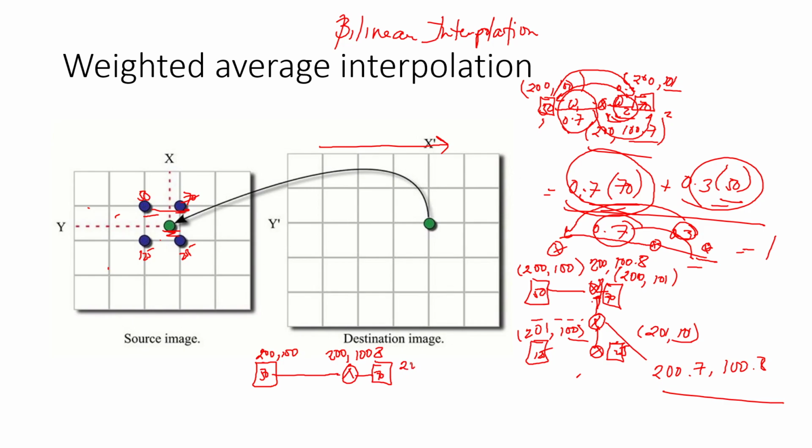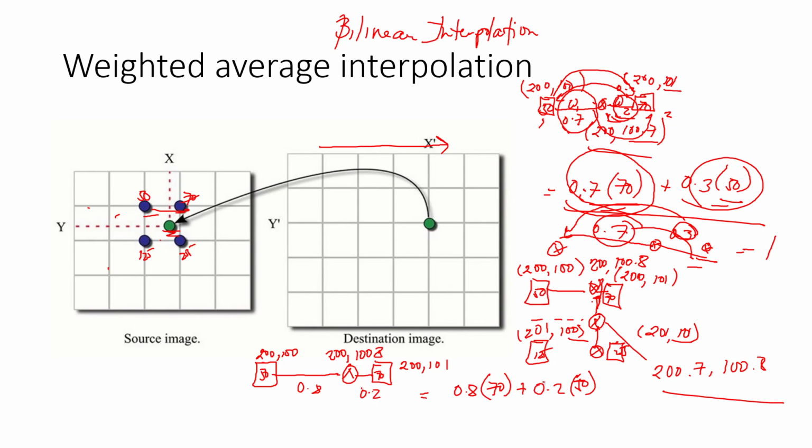And then here is 200, comma 101. Right? So the formula will be like this: the weight from this point, 100.8 to 101, is 0.2. Then this one, 100 to 100.8, is 0.8. So what will be our formula? The formula will become 0.8, which is the weight on the left, multiplied by the intensity on the right, plus 0.2, which is the weight on the right, multiplied by the intensity on the left.